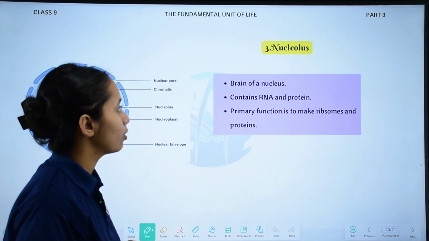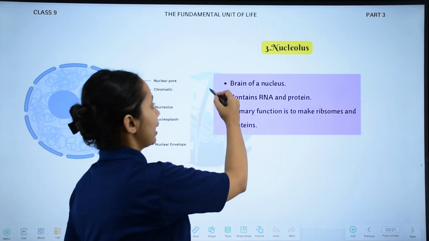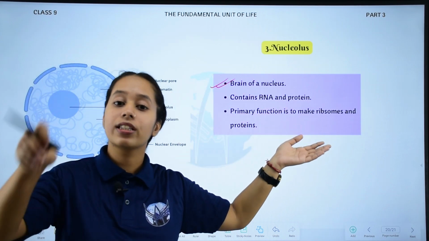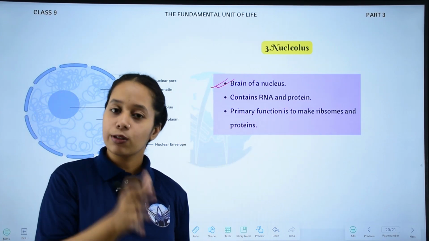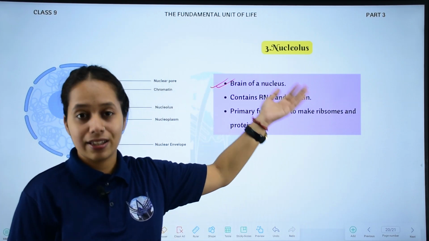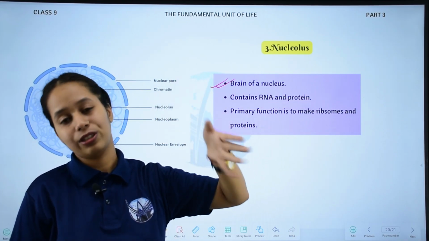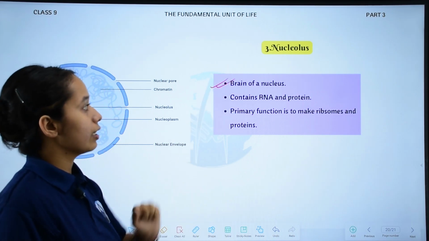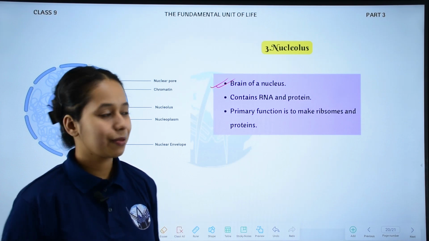The nucleolus will tell the nucleus what to do. A nucleus gives instruction to the cell, and a nucleolus gives instruction to the nucleus. So indirectly we can say the nucleolus is the brain of the nucleus.